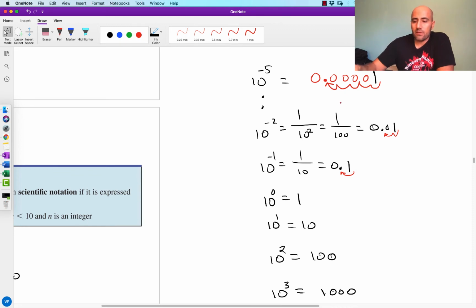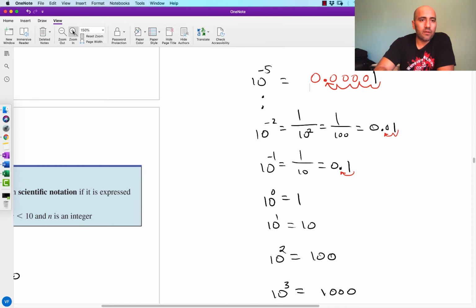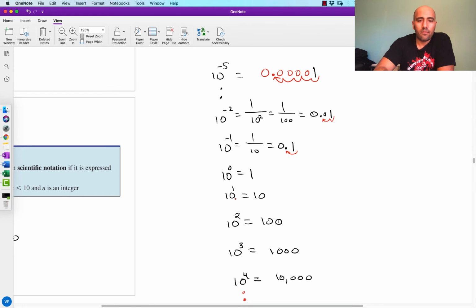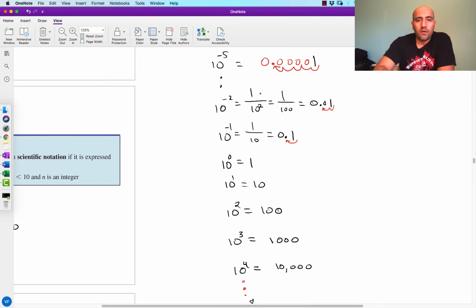Okay, so that's the pattern that we're going to be using. So that's the pattern of tens that we're going to be using in order to write a number in scientific notation.